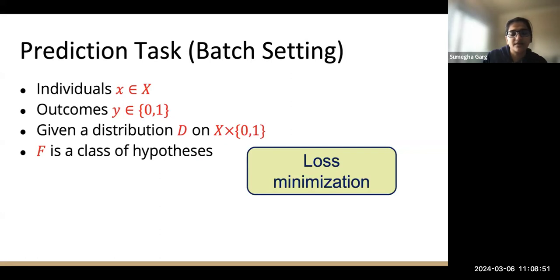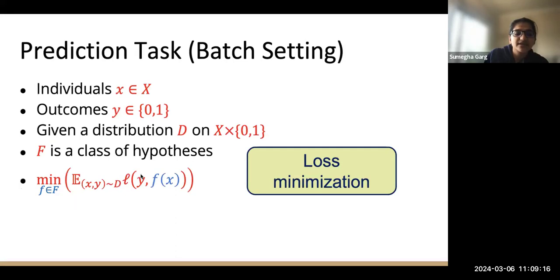So to get around this, the main focus of machine learning has been loss minimization, where instead of just trying to find the P star values, we restrict ourselves to predict within a class of hypotheses. Let's call this class of hypotheses capital F. And then the loss minimization goal is to minimize over this concept class the expected loss that you see when you're predicting f of x, and the loss is measured with respect to the actual outcomes y.